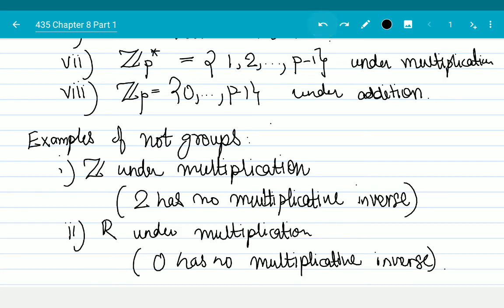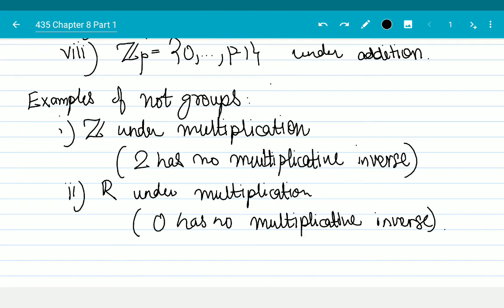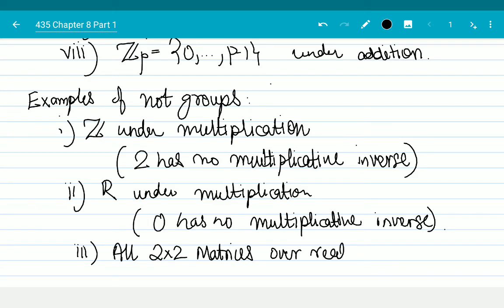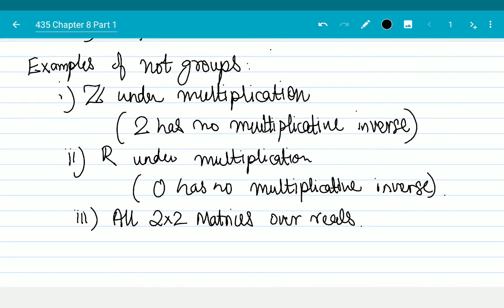Okay. 3. Any 2 by 2 matrices. All 2 by 2 matrices over reals, maybe. Reals. Okay.